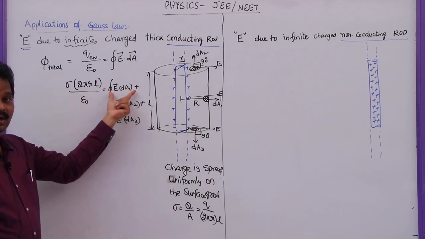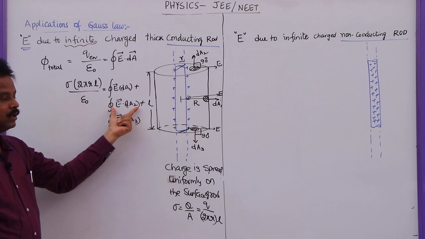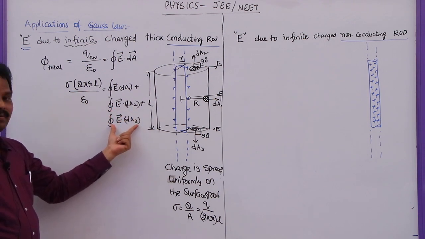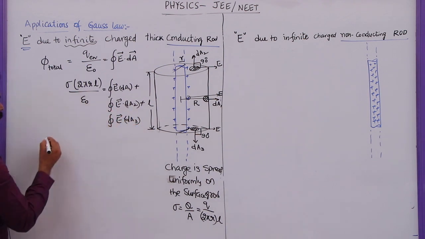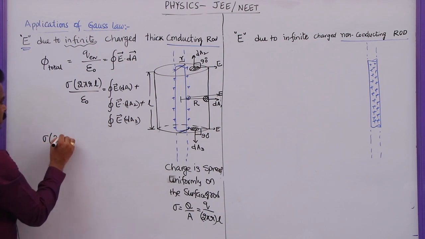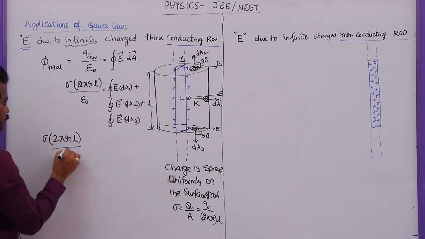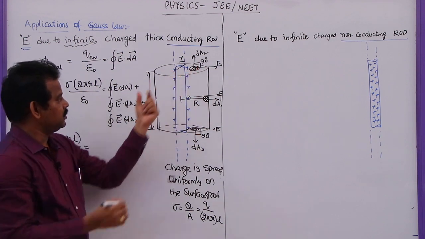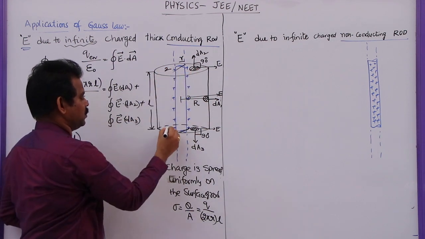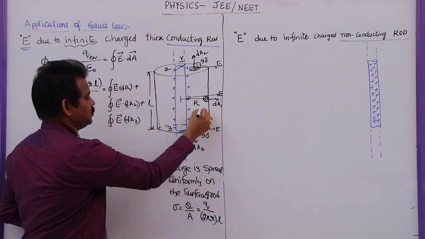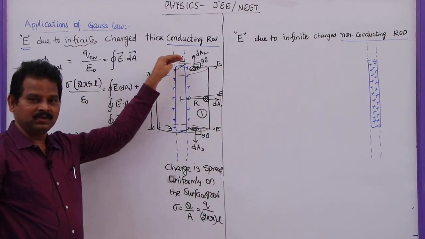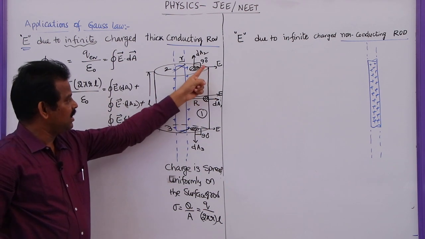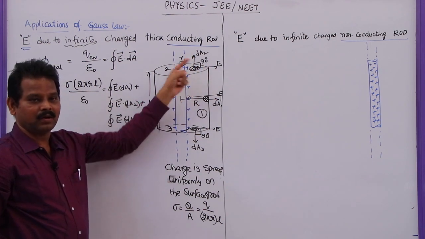This is flux through the curved surface, flux through the top circular surface, flux through the bottom circular surface. So here what I am going to write, sigma 2 pi RL by epsilon naught is equal. We know that for the second surface, so this is the second surface, top one, third surface, and this is the first surface. For the second surface and third surface, field and area vector are perpendicular to each other.